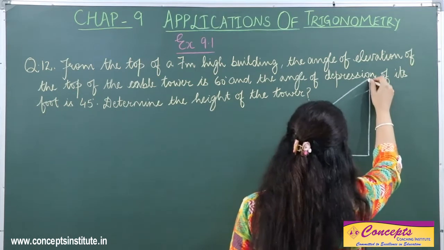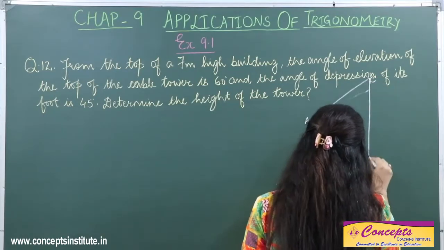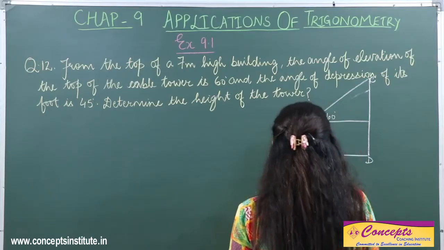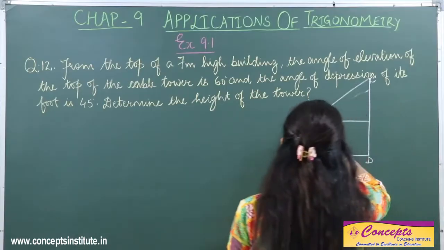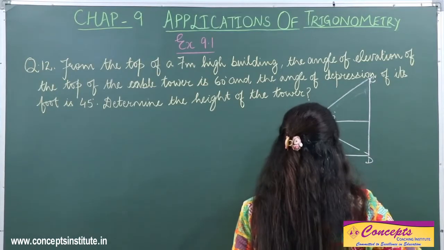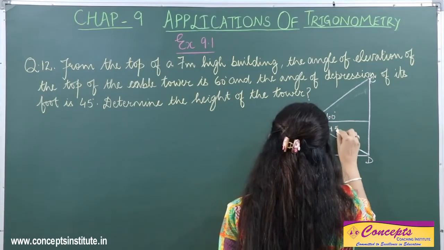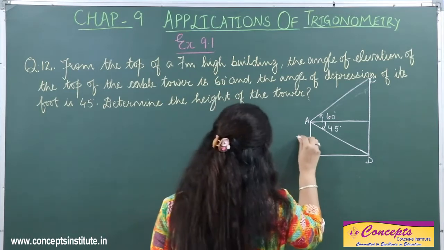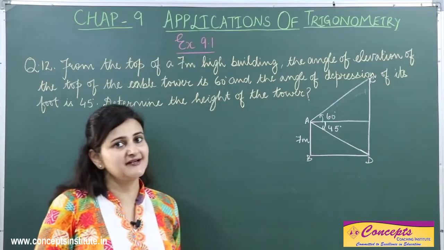Okay, so let's say this is the cable tower and this is the building AB and this is CD, and this angle of elevation is given to me as 60 degree, and from the top of the building the angle of depression of the foot of the cable tower, so that means this angle is being talked about. So this angle is given to me as 45 degree, right students? And the height of the building is given to be 7 meter, and we are supposed to find out the height of the cable tower, right?